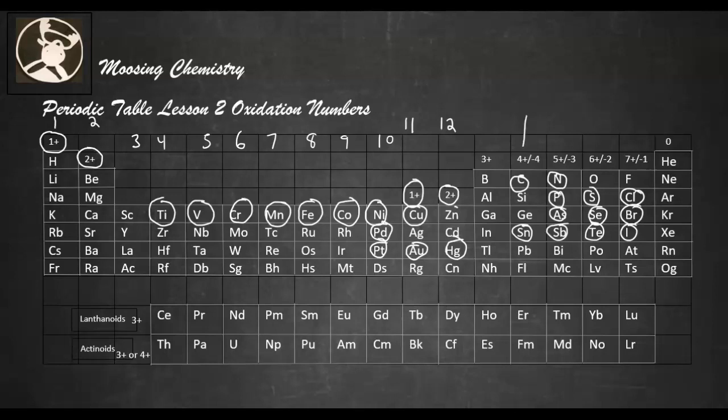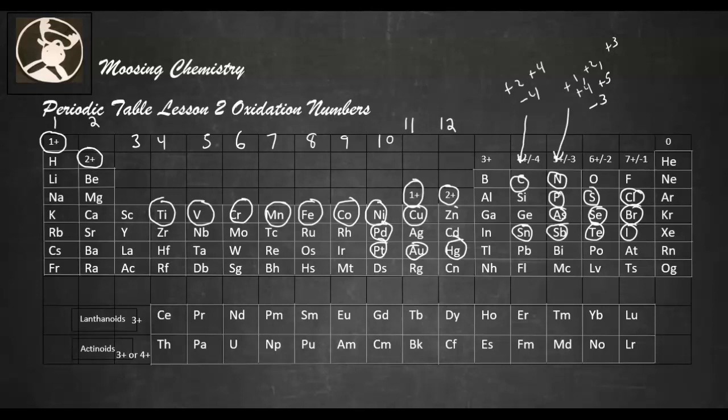All right, carbon, for example, can either be a +2, a +4, or a -4. Nitrogen, right here, can be a +1, a +2, a +3, a +4, a +5, but normally it's -3.